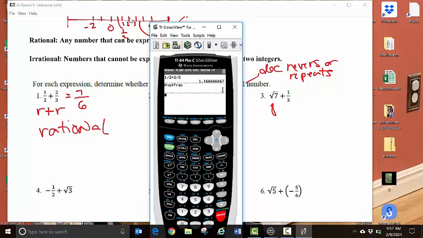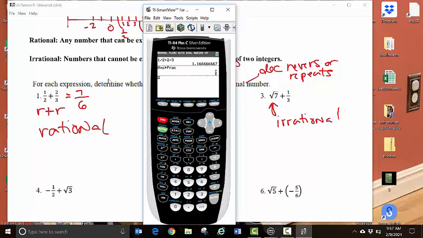The square root of 7 is irrational. The square root of 7 does not simplify. If you put it in your calculator, the decimal goes on forever. 1/3 is rational. It's a fraction. It repeats, so it turns into a fraction.